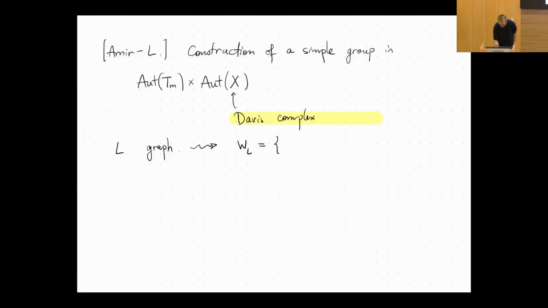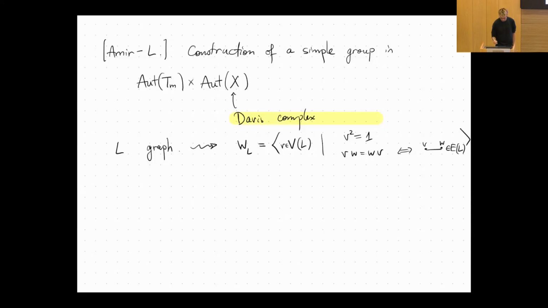So the graph is the commutation, and the non-edges are infinite relations, which Amir did not allow. So it's generated by the vertices of L, and I put the relation of reflection. I want it to be a Coxeter group, and V and W commute if and only if V and W is an edge. It's a group, sorry.